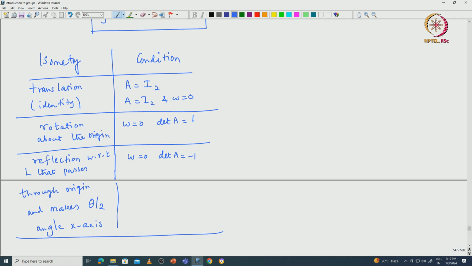So, now let us look at that condition when W is non-zero and then see what happens. Okay. So, if you take still this rotation, for example, if you take determinant of A just being 1, then the f of v looks like AV plus W. Okay.